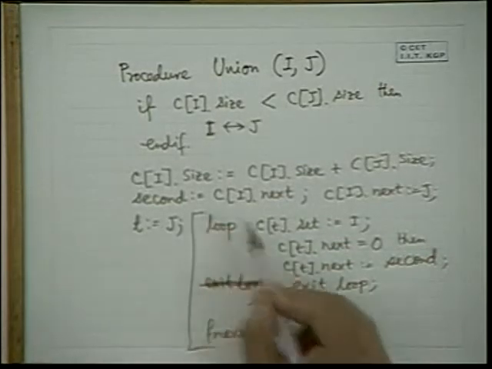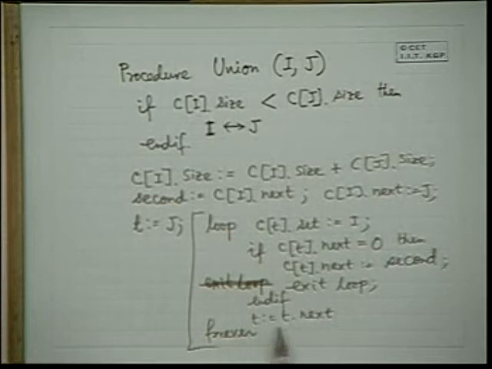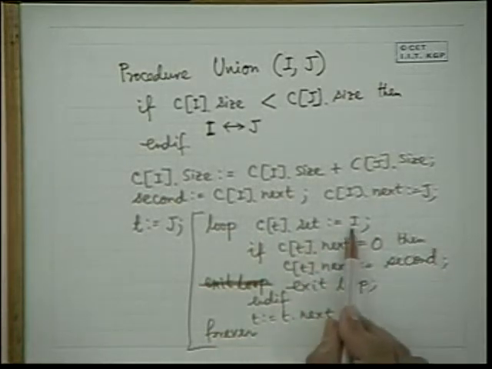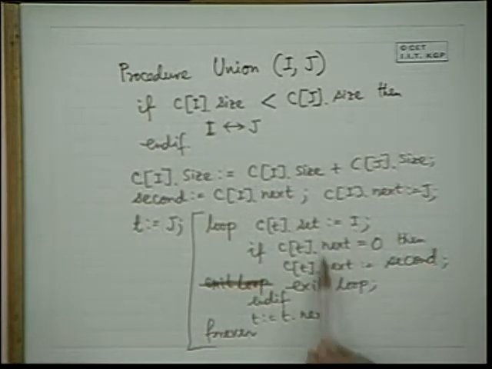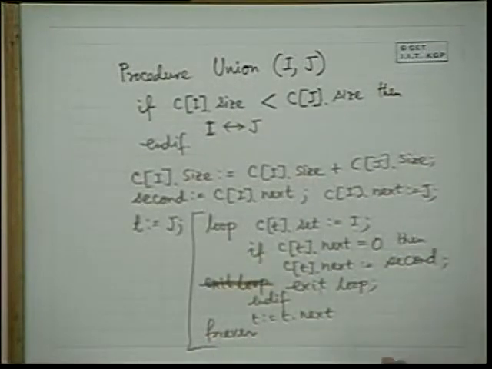This looping goes through all the elements of j, that is the linked list traversal, changing their name to i. And when you reach the last element, you put the last pointer to the second pointer which previously was pointed to by Ci.next. So this merges the two lists into a single list.